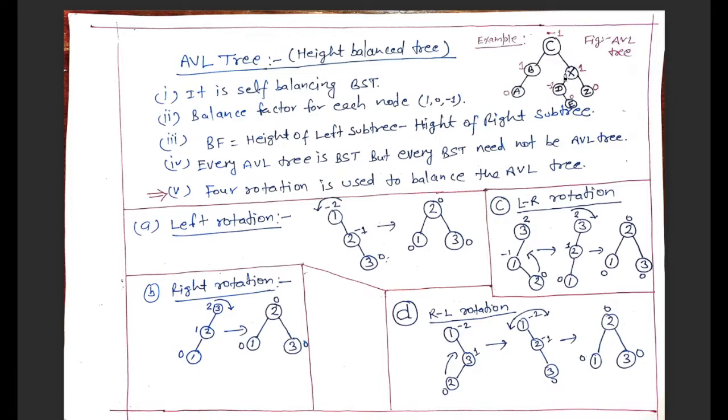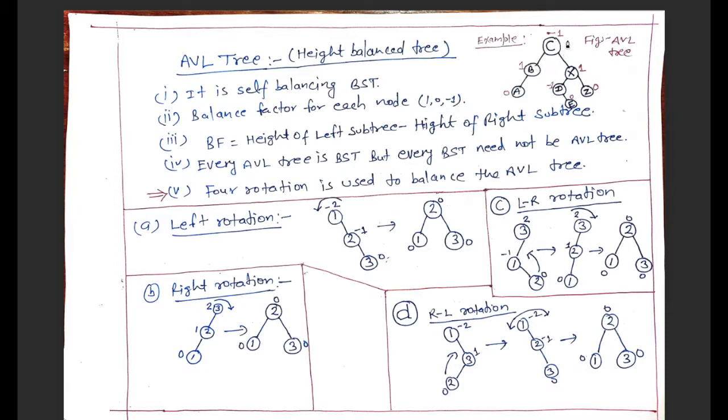There are three edges, 1, 2 and 3, so height of the right subtree is 3. 2 minus 3 is -1. So this is the balance factor for the root node C. Now you can see the balance factor is only 1, 0 or -1 for each node.